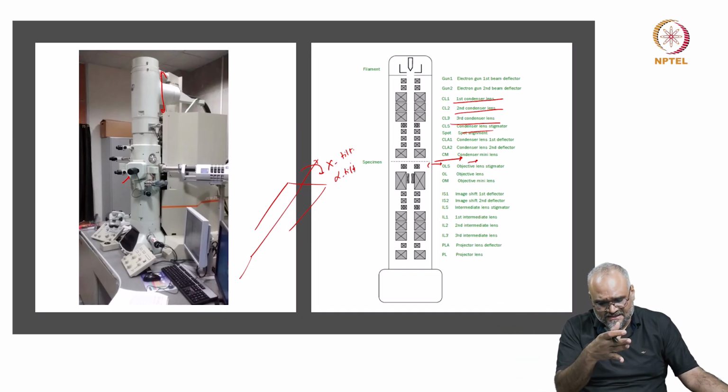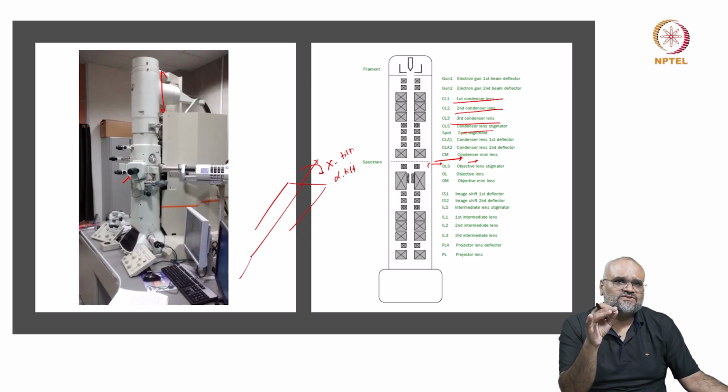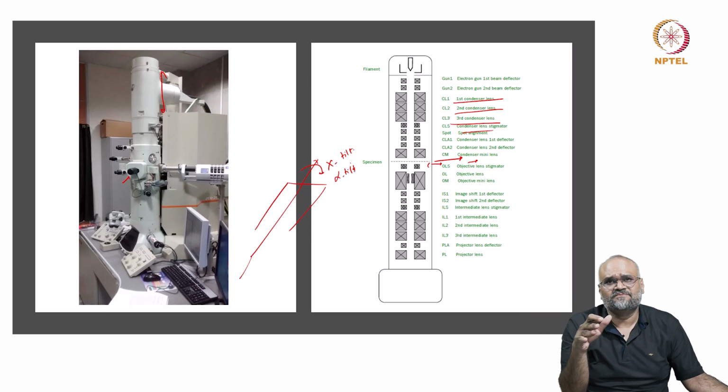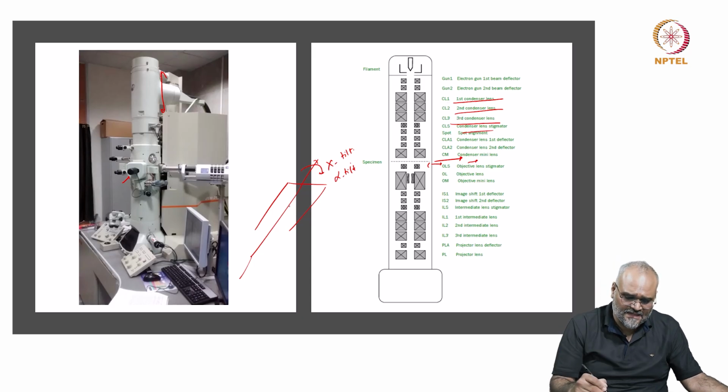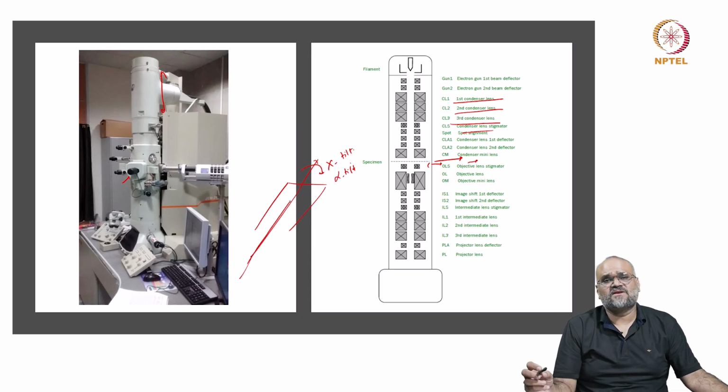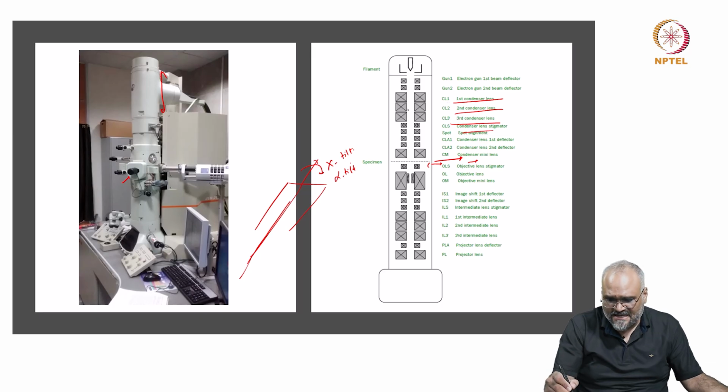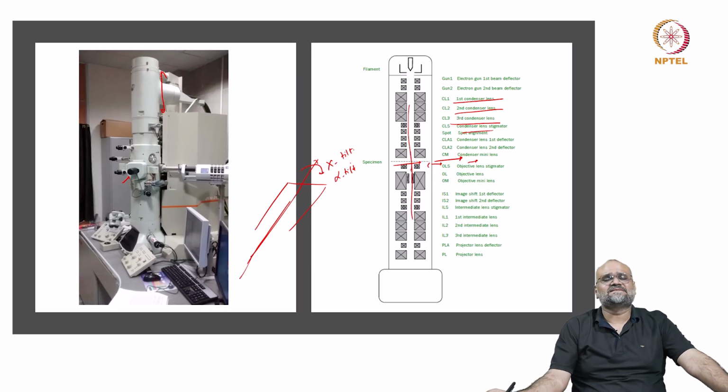When I am tilting the specimen holder, the feature of interest on my specimen should not move away as a consequence of the tilt, and you are continuously obtaining projected images. To minimize this, you would like the axis of the holder to coincide with the optic axis of the microscope. So, when the holder comes in, I want this axis to coincide with this axis, and this adjustment is called eucentric height correction. Once you do the eucentric height correction and you identify the features of your interest, you start obtaining the images.